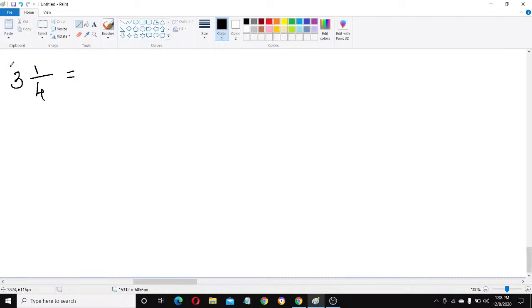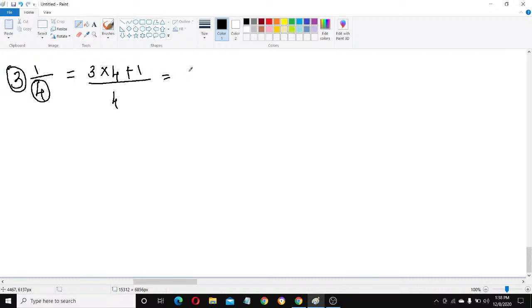So here, 3 is the whole number and 4 is the denominator. Multiply the whole number part 3 and the denominator 4. So 3 into 4 plus the numerator 1, by the denominator 4.